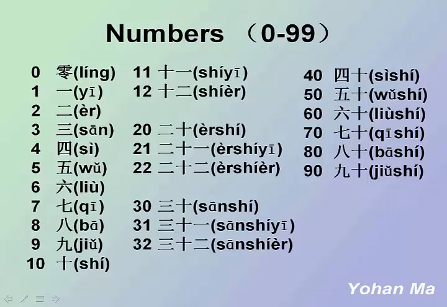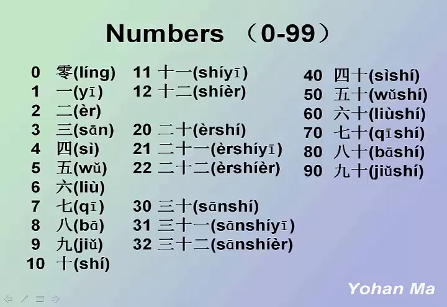And then 80. 8 tens. 80, 81, 82. And then 90. 9 tens. 90, 91, 92. And so on.